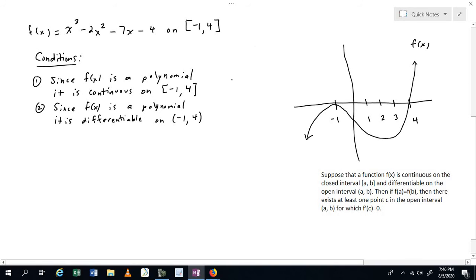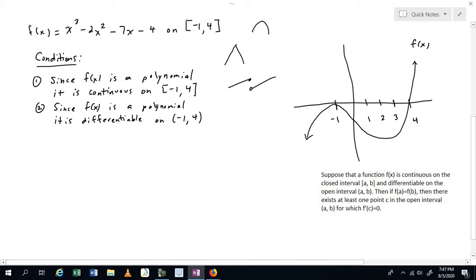The big concern there is you might have functions that come to abrupt, sharp edges like this. And if that happens, the function is not differentiable at that sharp point. But for polynomials, polynomials are nice and smooth, and they never come to these sharp points. It's also possible that you could have a discontinuity, and if there's a discontinuity, it's not differentiable at the discontinuity.